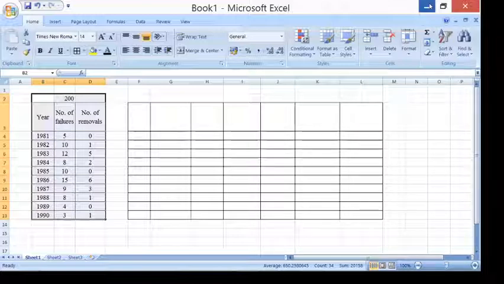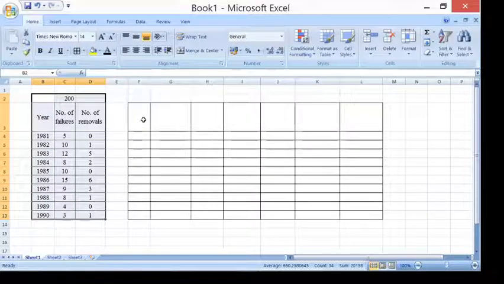Their removal reason must be something different than failure, because if it had failed, it would appear in the second column, number of failures. So the number of removals is because of reasons other than failure. Once this data is provided, we can use it to estimate the population survival function.